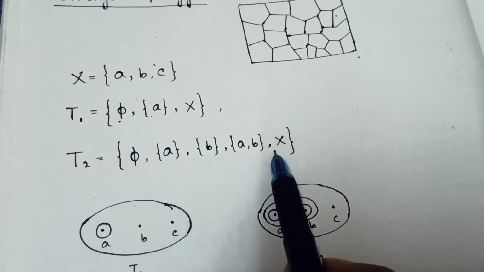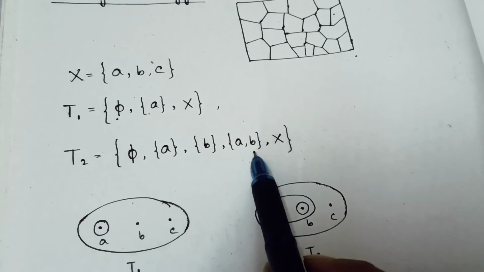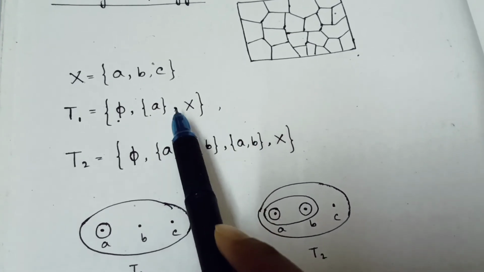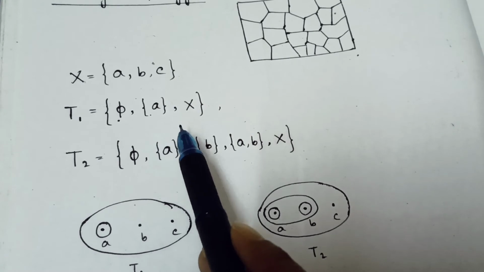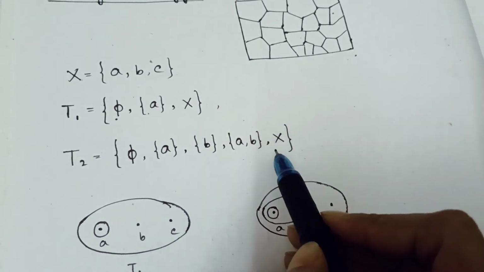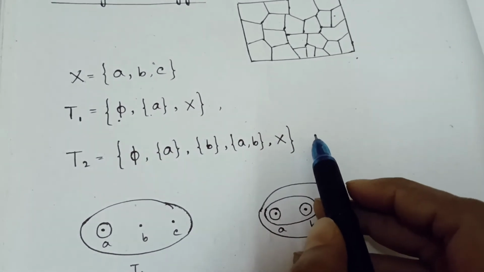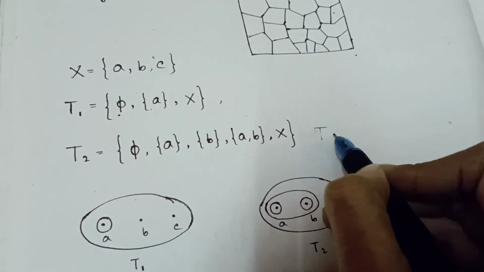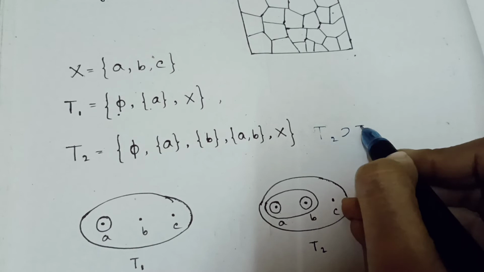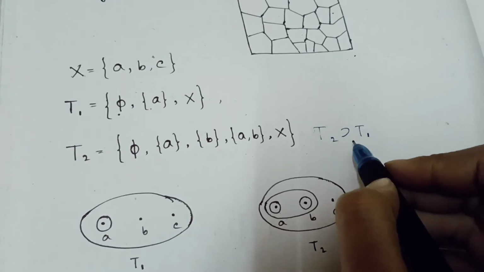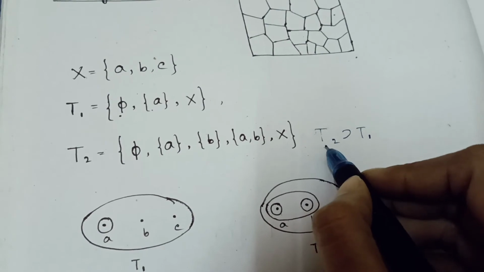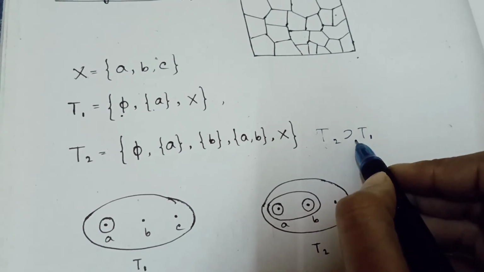This also forms a topology. But T2 has more elements than T1. And also T2 does not have only more elements than T1, T2 also contains T1. In this case, T2 is a stronger topology than T1.